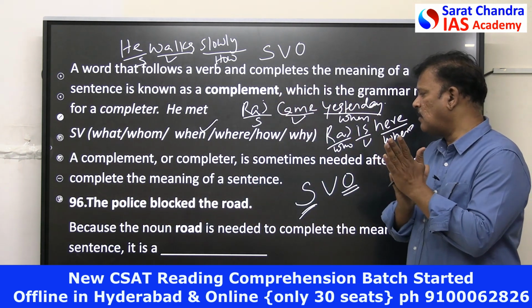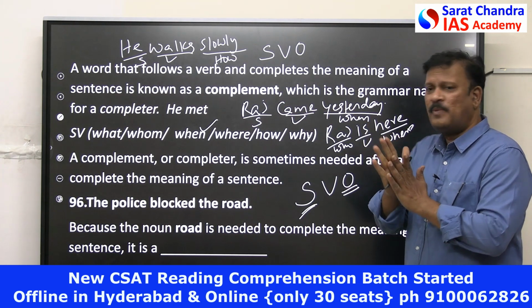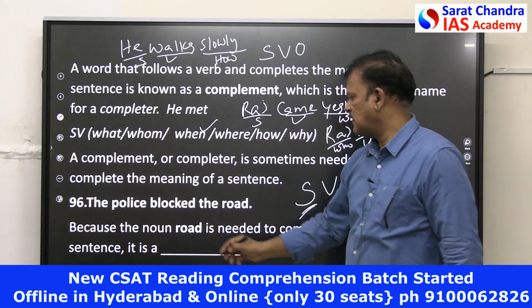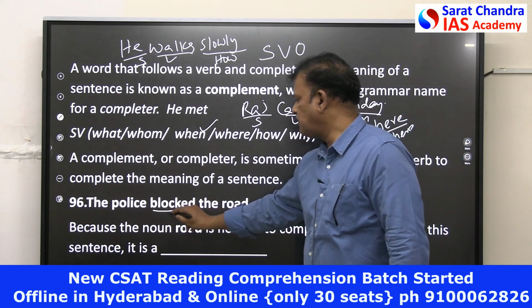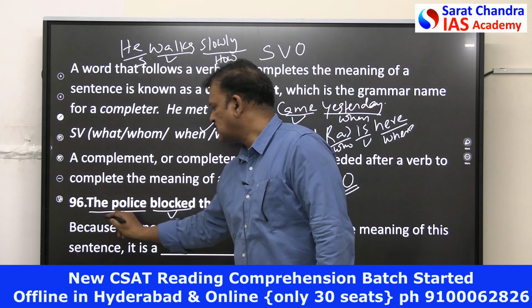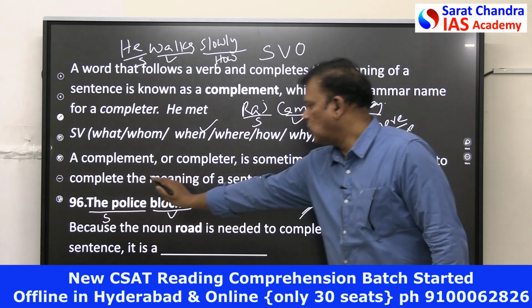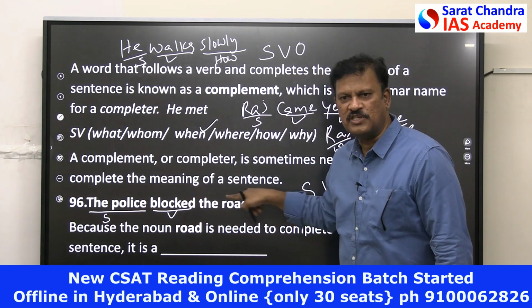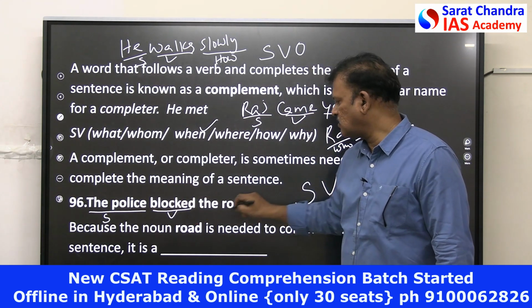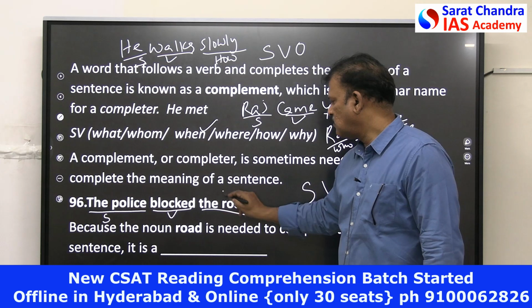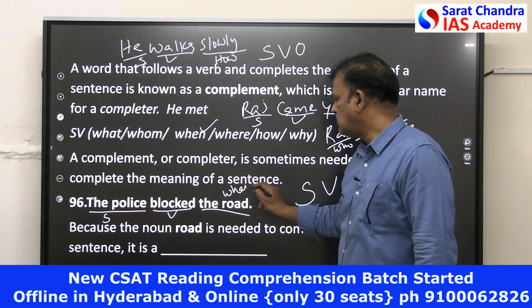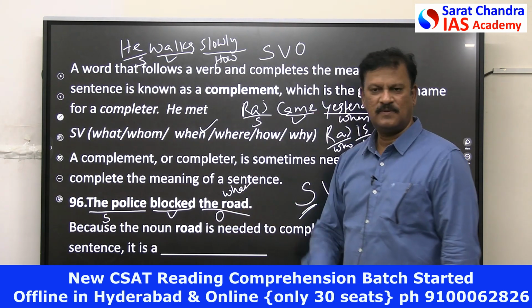Now look at this one. The police blocked the road. Can you please give me the structure of this sentence? Verb, subject. Who blocked? Put a question. What question do I put here? What? So, object.